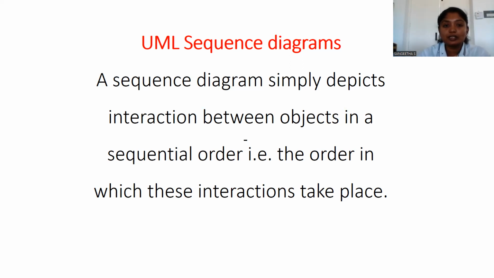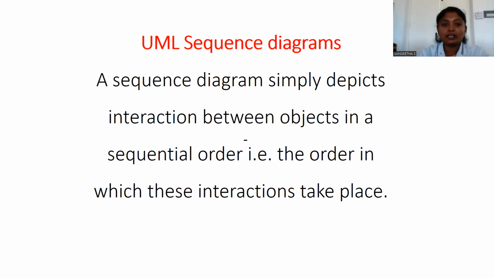So here we will have many objects in our software. Those objects will interact among themselves for some purpose, and they are doing some task. So how do we identify the sequence of interaction, that is, the sequence of messages passed between the objects?